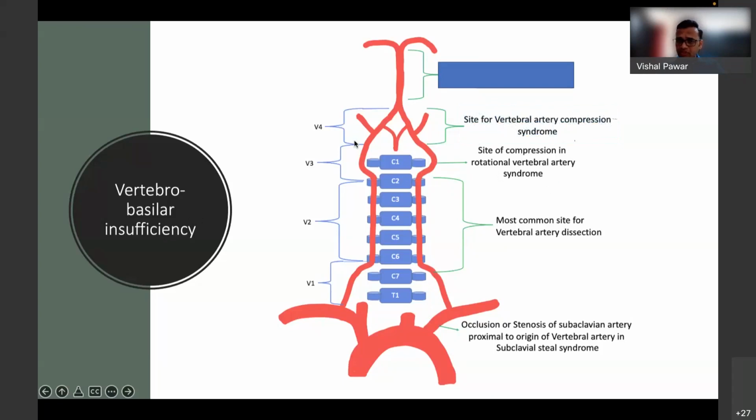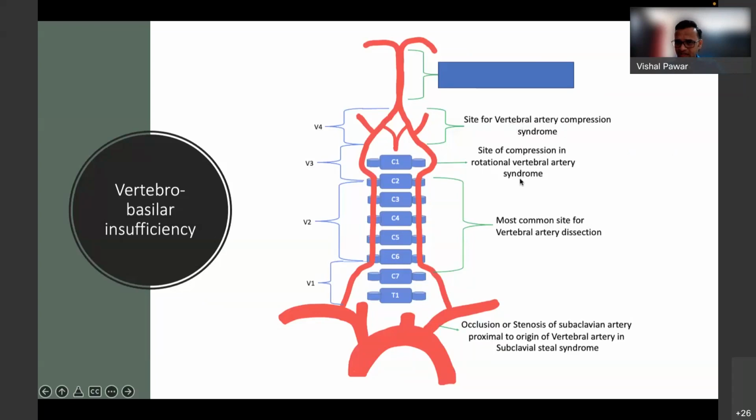The V4 segment of the vertebral artery can compress the brainstem, that is the medulla oblongata, and it can lead to something where again there is little controversy on the term. It should be called vascular brainstem compression, but Professor Louis Caplan, in his first article, mentioned this as vertebral artery compression syndrome.